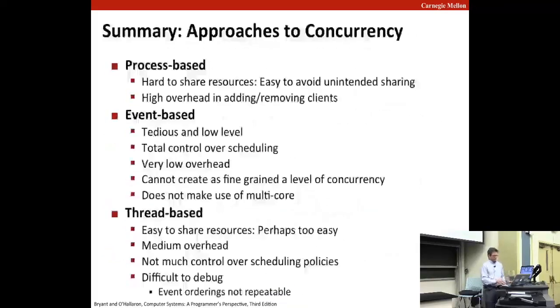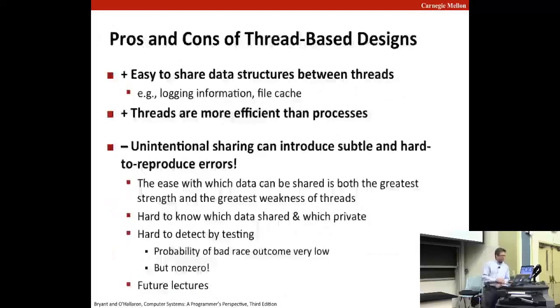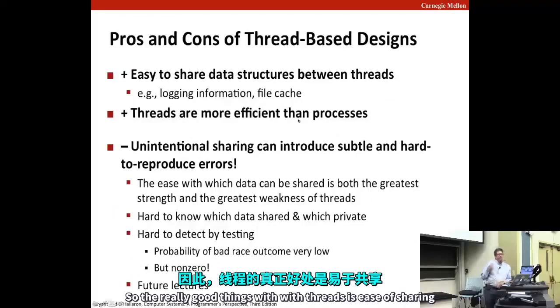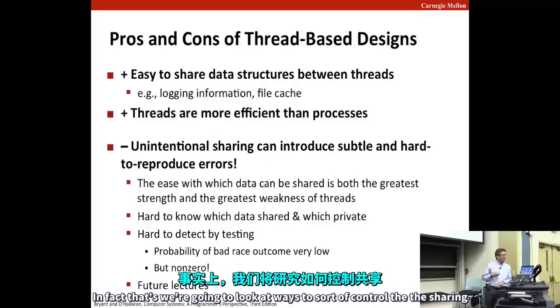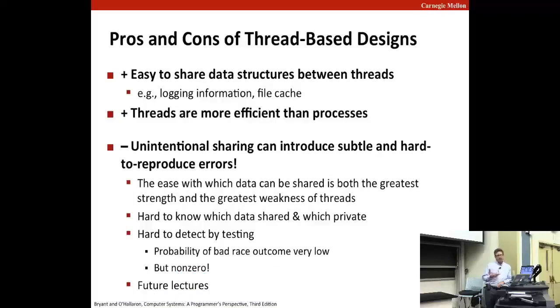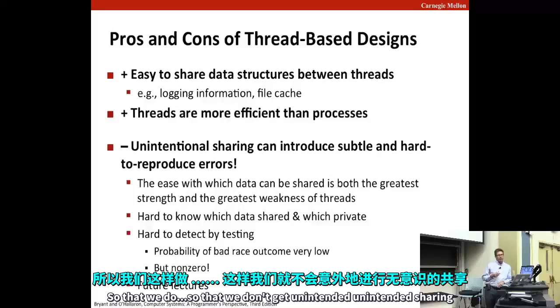Okay, so the really good thing with threads is this ease of sharing, but that sharing also introduces complications. In fact, we're going to look at ways to control the sharing, so that we don't get unintended sharing.